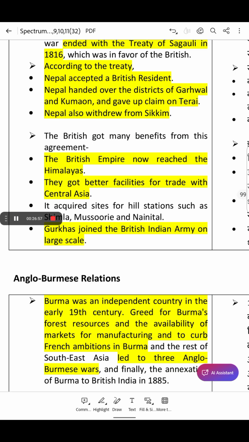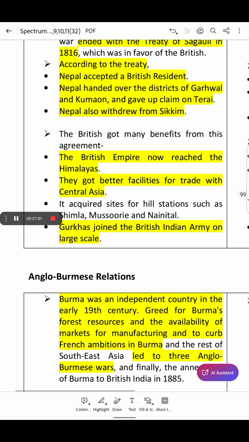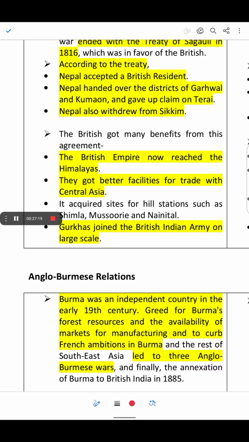According to this treaty, Nepal accepted a British resident. Nepal handed over the districts of Garhwal and Kumaon and gave up its claim on Terai. Nepal also withdrew from Sikkim, and the British got many benefits from this agreement.